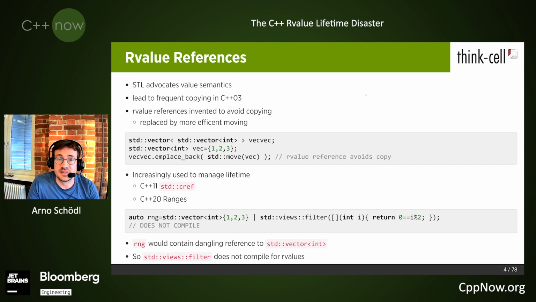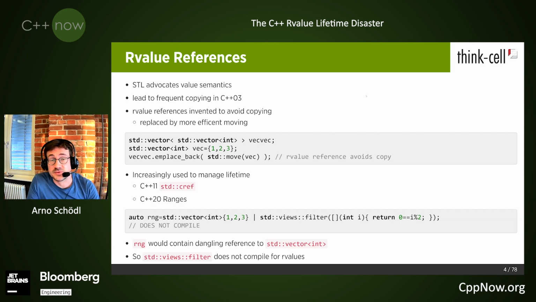It will be a lazy view on that vector, and that lazy view, which will only filter when you iterate over it, will have a reference to the vector that it's filtering. And if that vector is an rvalue, like here a temporary, there is a danger that that temporary will go out of scope, like it would after this line finishes. And then you would have a dangling reference. And to help you avoid that, these views wouldn't compile if you put in an rvalue reference instead of an lvalue reference.